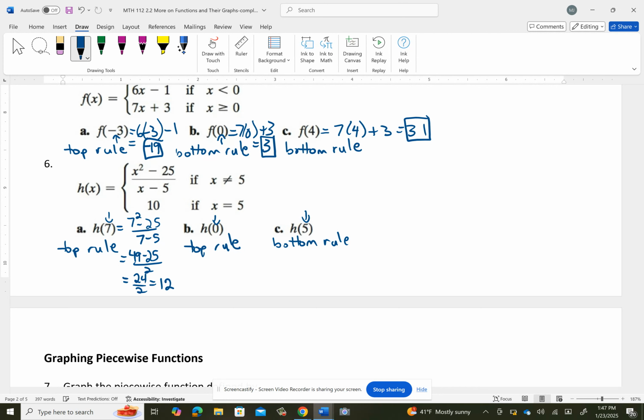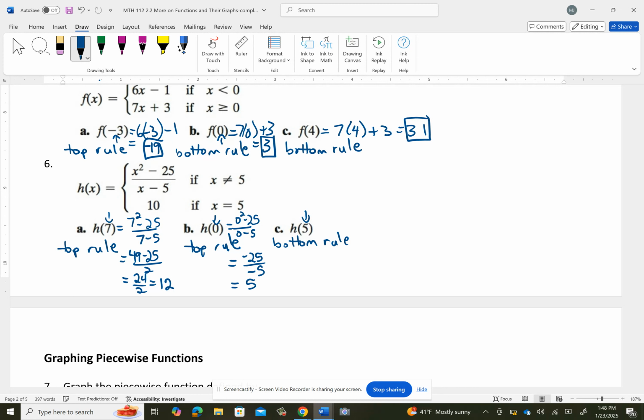All right, top rule, I would use that and only that for a 0, since that x value is not 5. So this time I would do 0 squared minus 25 over 0 minus 5. So I'd get a negative 25 on top because 0 squared is still 0, a negative 5 on the bottom, and when I divide that I get a positive 5.